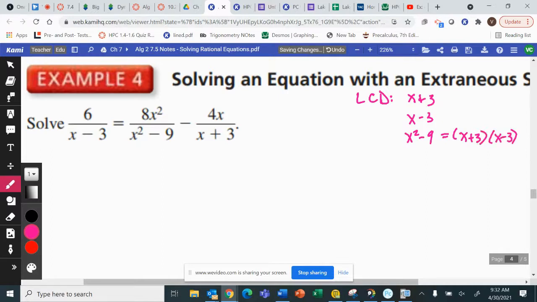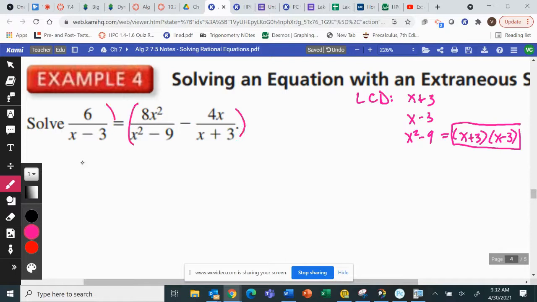So to make all 3 denominators exactly the same, then we need to have x plus 3 and x minus 3 in all 3 denominators. But this is a different kind. I don't have to say what's missing and give one of them this or one of them that. I just have to multiply everything by the lowest common denominator. So we're going to multiply both sides by x plus 3 times x minus 3. Both sides.